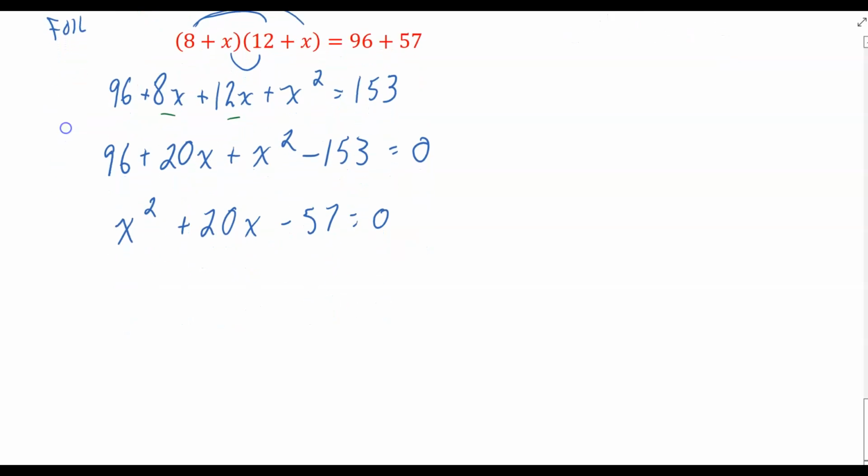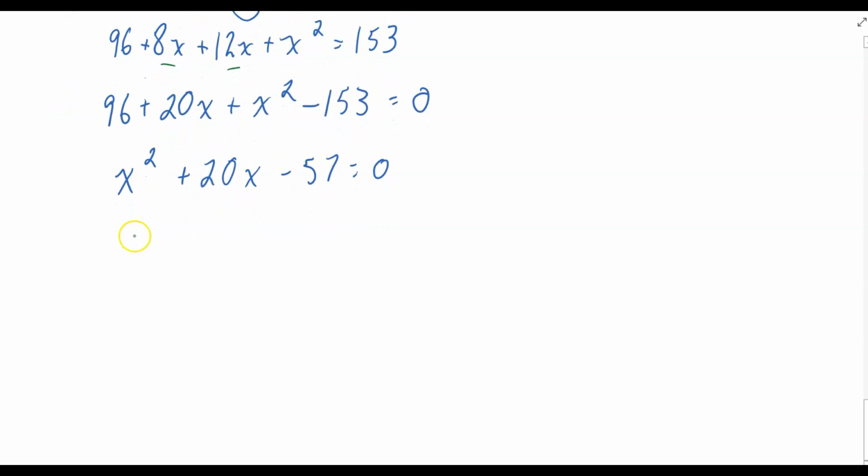I will do the quadratic formula actually, in green now. So x equals, let's write a equals 1, b equals 20, c equals minus 57.